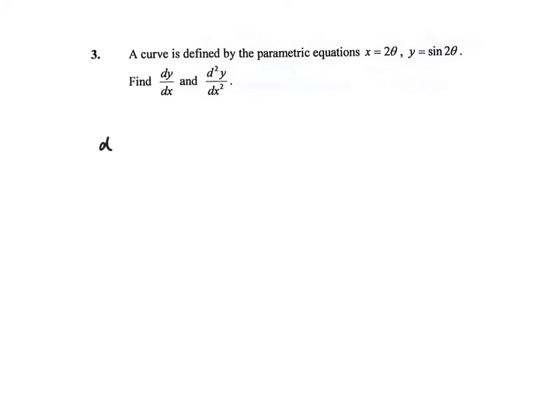So dx by d theta is 2, and dy by d theta. Now sine 2 theta differentiates to 2 cos 2 theta.